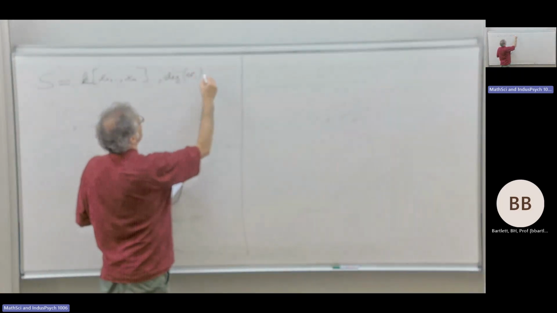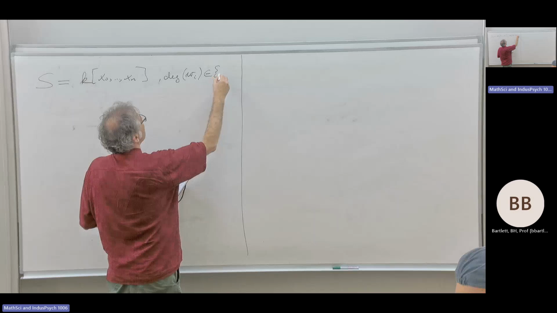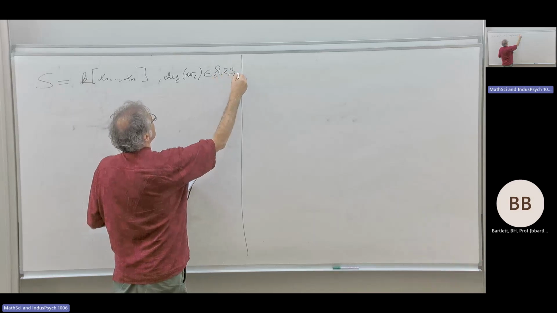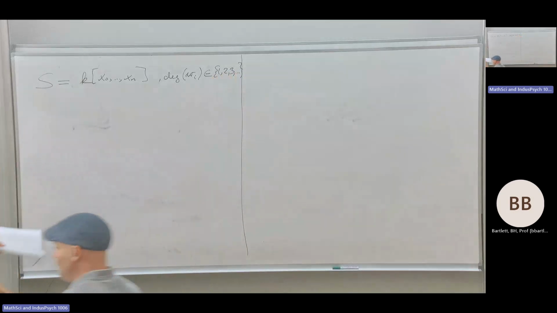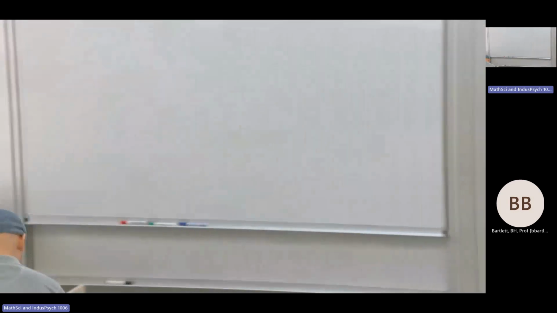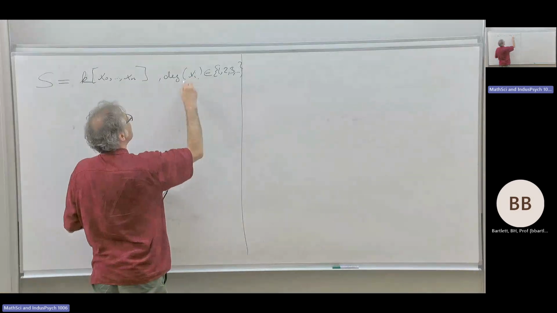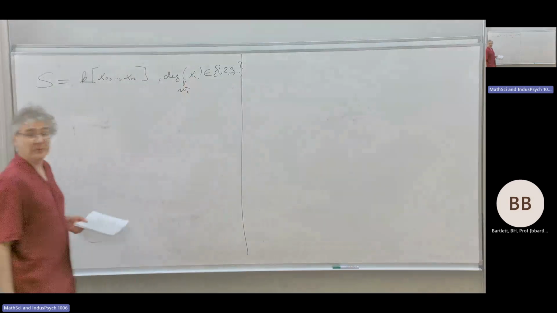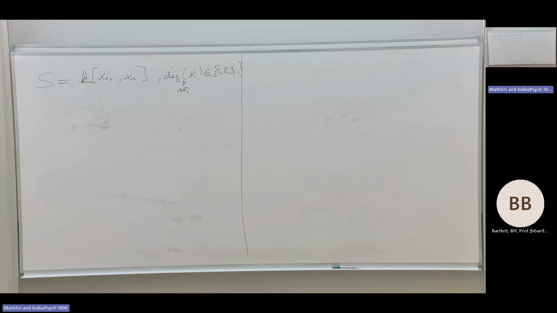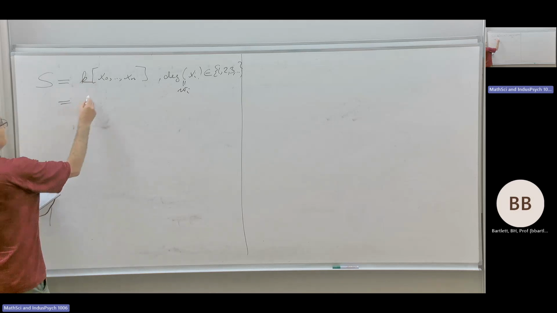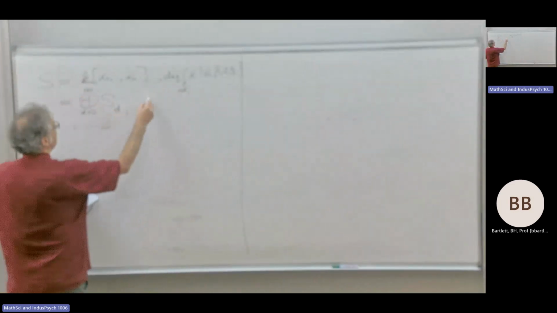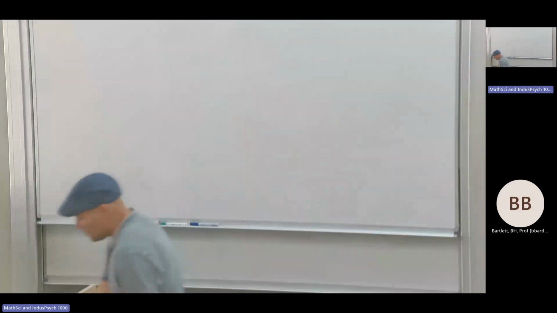So the degree of each variable xi equals wi, some positive integer, and so this then becomes a non-negatively graded connective ring, with S0 equal to k.